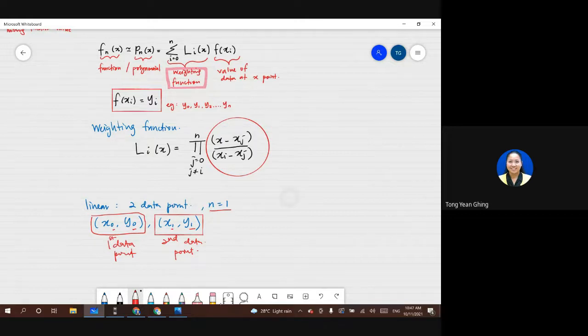Let's say we expand these weighting functions, we expand this function, so it can be like this. Let's say this is linear. Then Li(x) will be, because we only have two data points, x minus x, x what?